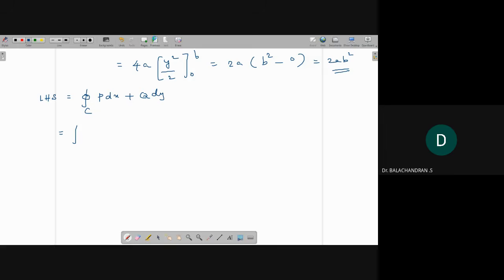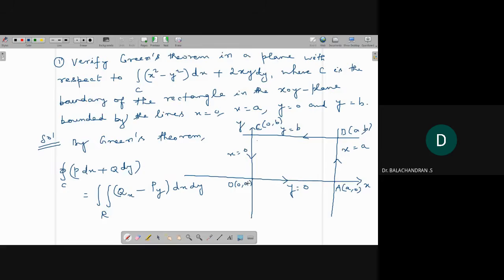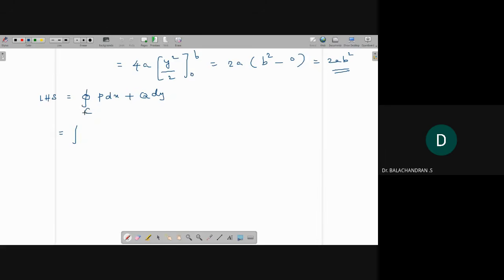You can divide C into 4 parts: along OA, AB, BC, CO. So along OA, what is the p dx plus q dy in your problem? You have (x square minus y square) into dx plus 2xy into dy.